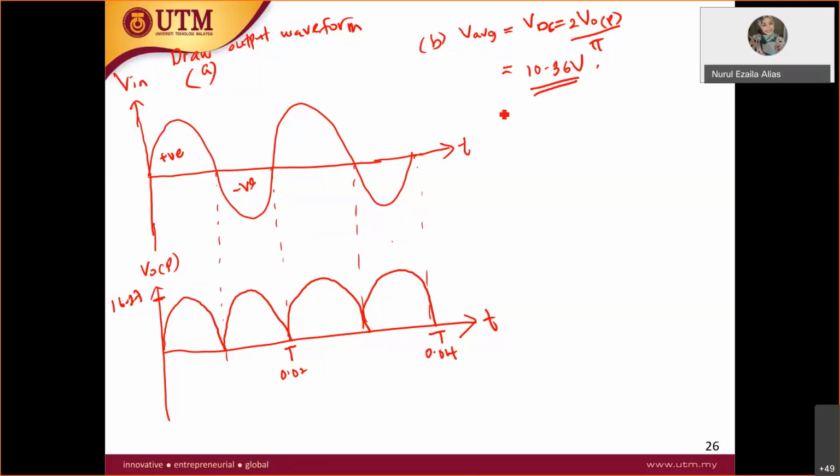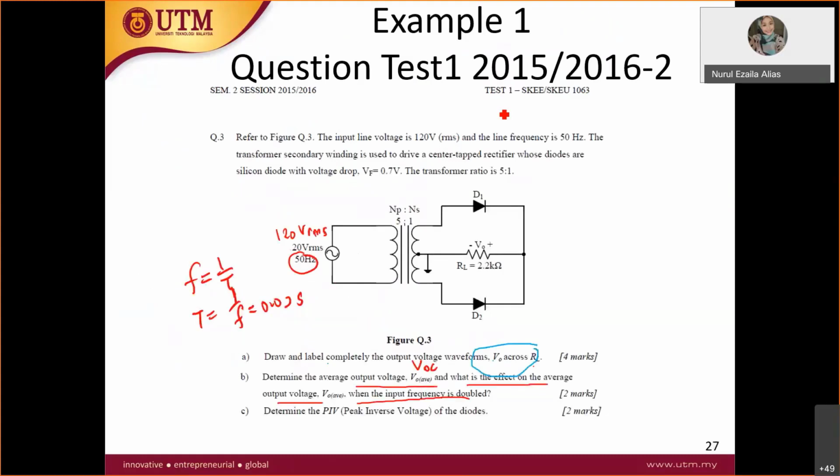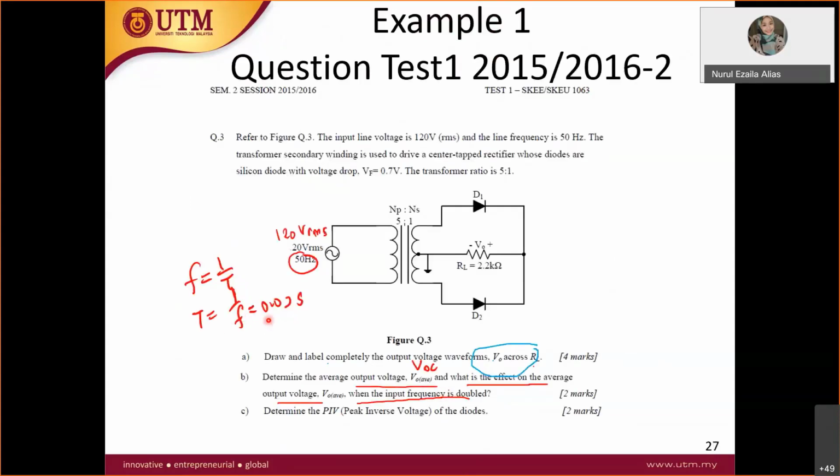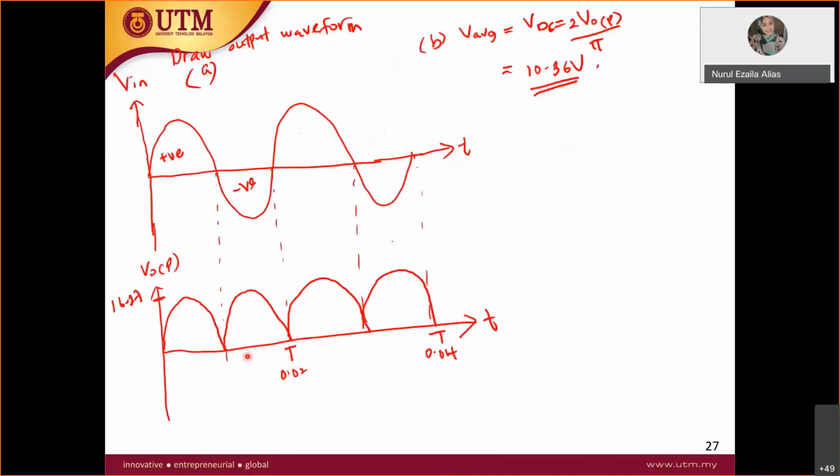So 10.36 volt. The question asks again, read the B part: what happened to the V average when frequency is doubled? When frequency is doubled, time becomes shorter, but the magnitude is still the same.